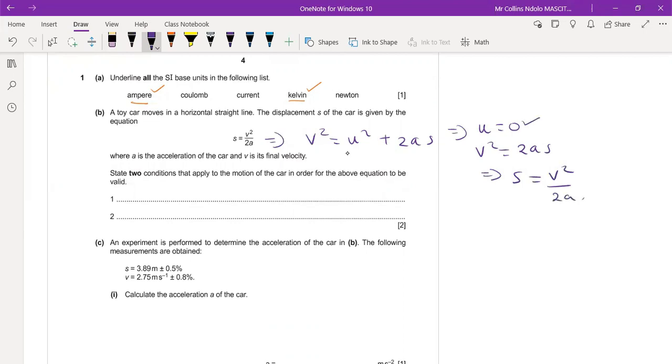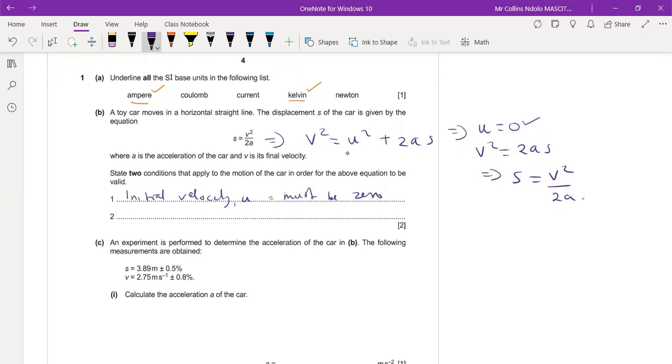So the first condition is that the initial velocity U must be 0.